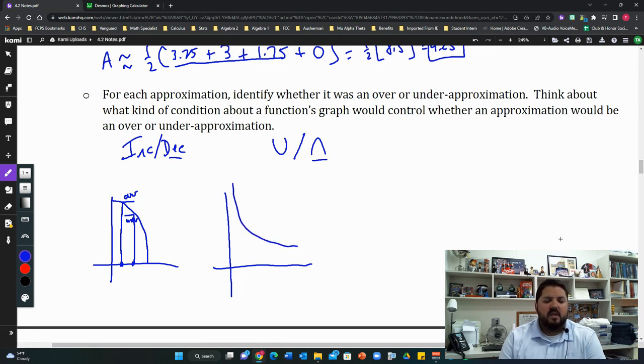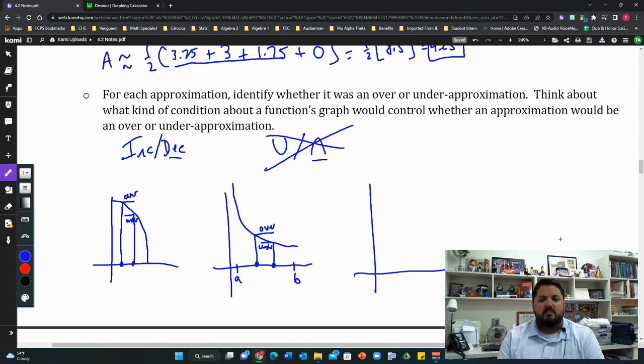So if that was my region, going from that A to that B value, and I pick two points in between, I switched from concave down to concave up, so that was the thing I changed. Now if I go to the left, I still am sticking out over top of the function. And if I go to the right, I'm still under the curve. So changing the concavity did not change that result, which means concavity does not have anything to do with this.